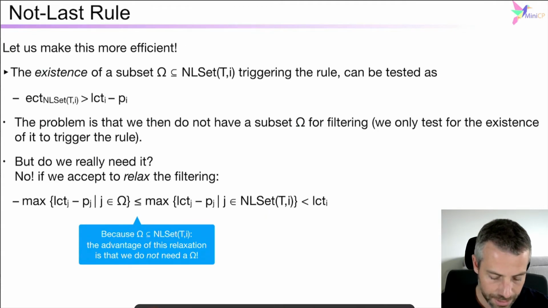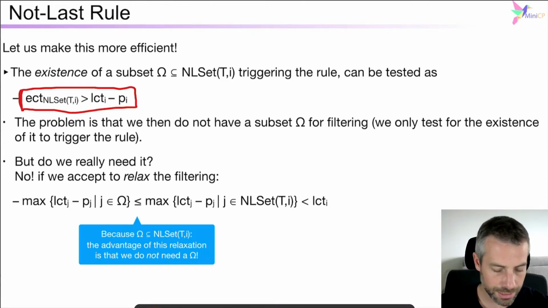So let us make this rule a little bit more efficient. The existence of a subset omega that belongs to the not last set that would trigger the rule can be tested using the earliest completion time of the not last set of I. The problem is that once we have detected this, we still don't have a subset omega that we can use for the second part, which is the update of the latest completion time of the activity I. But do we really need this set omega?